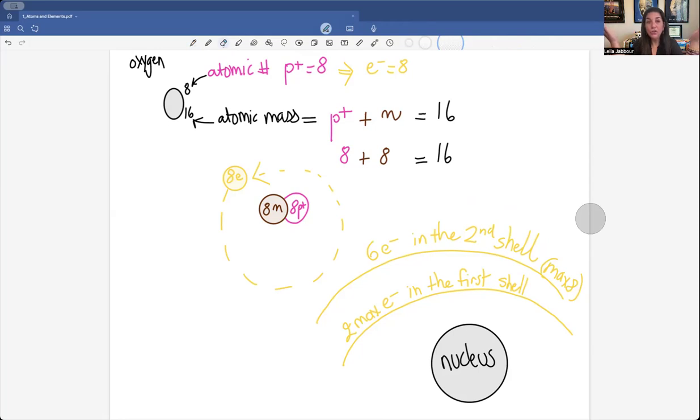So for oxygen, there are only 2 shells, with 2 electrons on the first shell and 6 electrons on the second shell. Okay, so now you heard about shells. The last shell that is filled with an electron, let's say I'm drawing 2 of them, the first one and second one, the last one filled is called the valence shell.